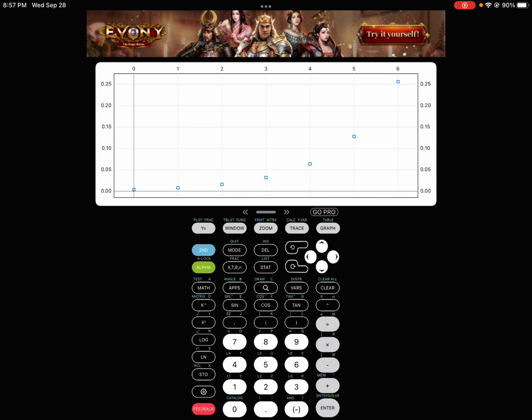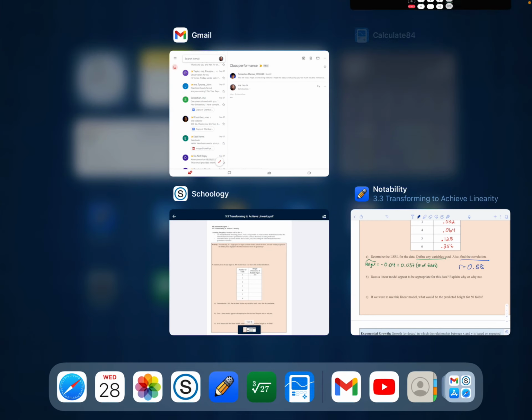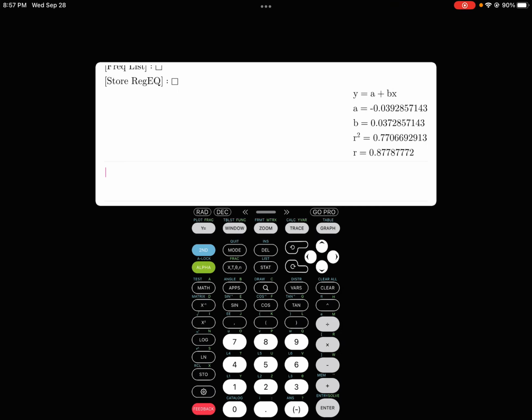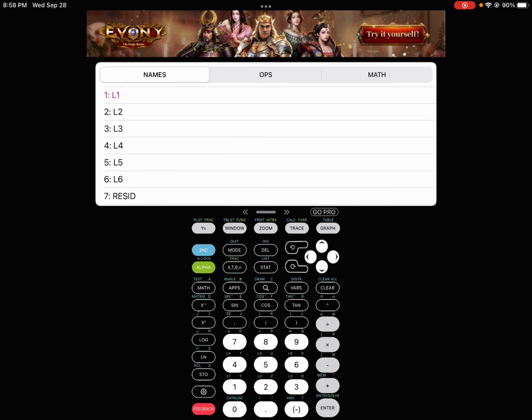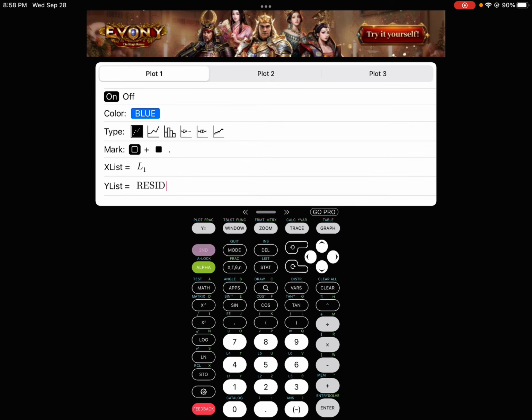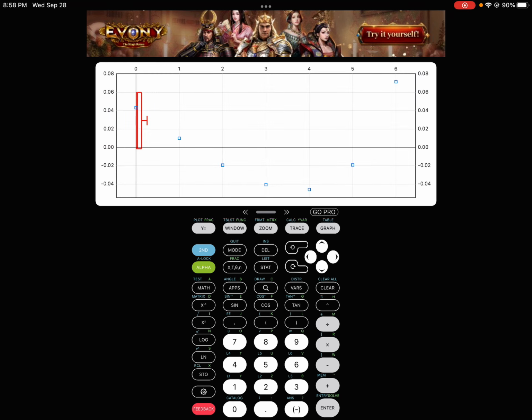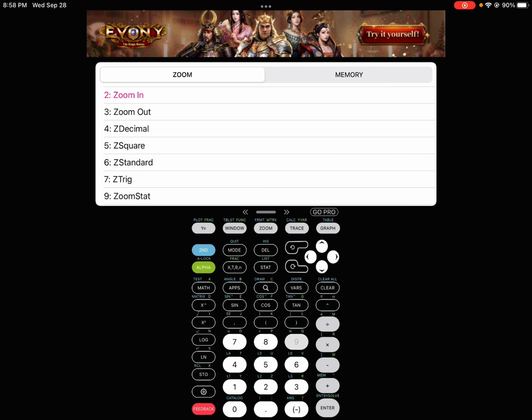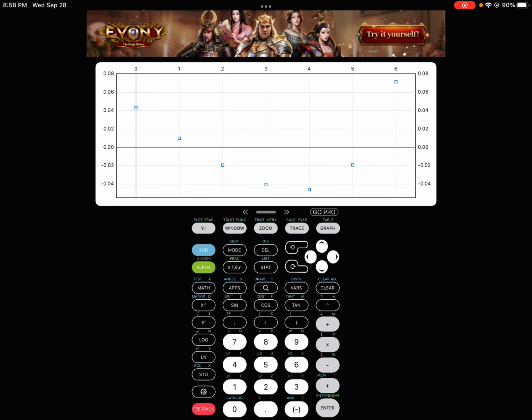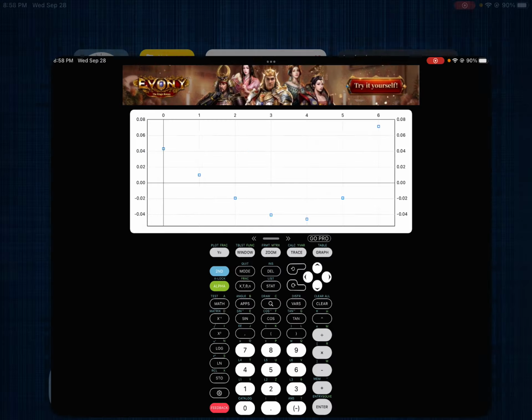Okay, and if I want to confirm that, I can go to my calculator and make a residual plot instead. So instead of my y list being L2, I can make that my residuals. And now that I've got my residual plot, I can see that there is a curved pattern in my residual plot. I see that smiley face pattern.